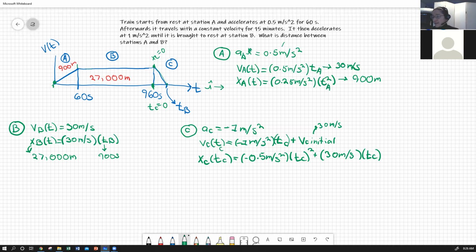It's possible, but you're riding along with those offsets that are specific to the different regions. So this is a little bit easier to look at. So what time are we concerned with within region C if we want to see how far we went? Until the train stops. Hint, until the train stops.